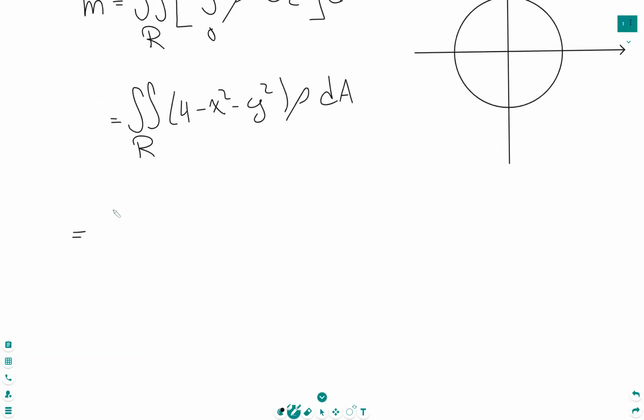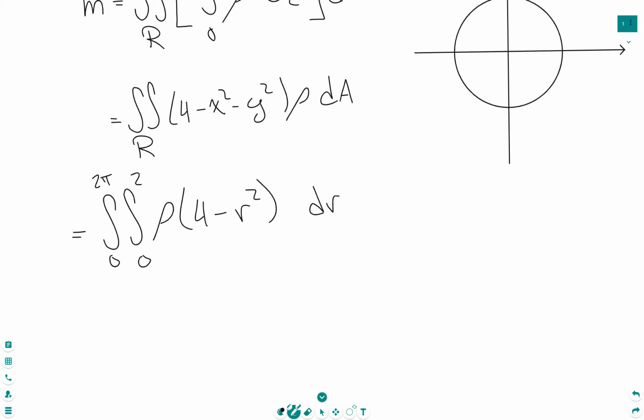This is equal to my polar integral from 0 to 2 pi, 0 to 2, rho times 4 minus x squared minus y squared, which I can rewrite as r squared. We have our dr d theta, but remember for polar coordinates, we can't forget that we have this extra r in here. So now I've translated this into polar coordinates.